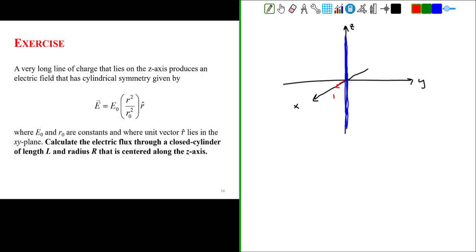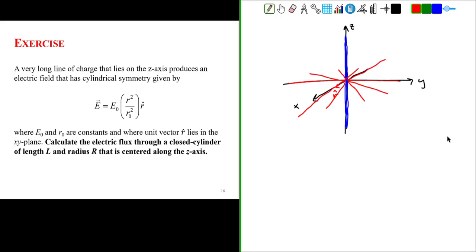If r hat is along the x-axis, then that would indicate an electric field line that is along the x-axis. If r hat is along the y-axis, then that would indicate an electric field line along the y-axis. R hat could be in any direction in the xy plane. R hat is just our unit vector indicating the direction of the electric field. So notice that is cylindrically symmetric.